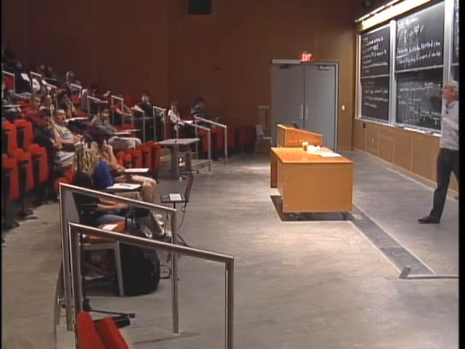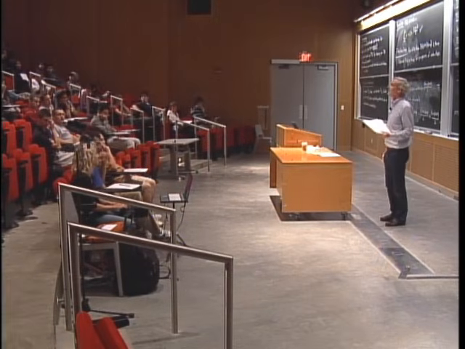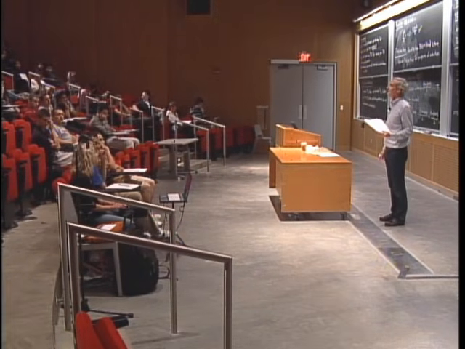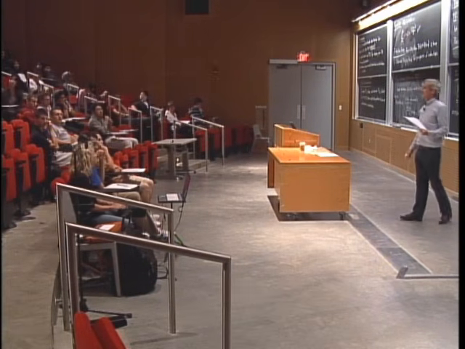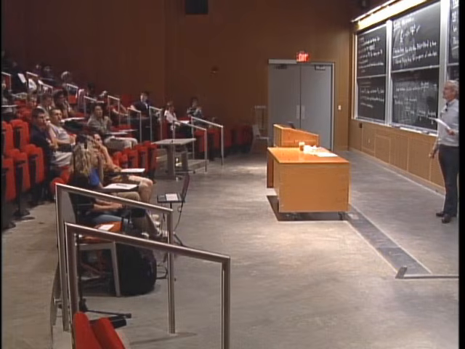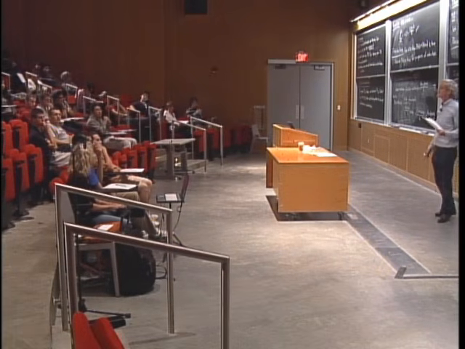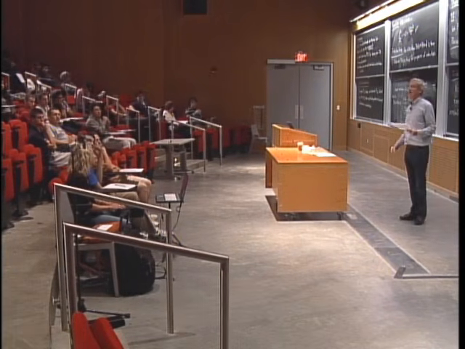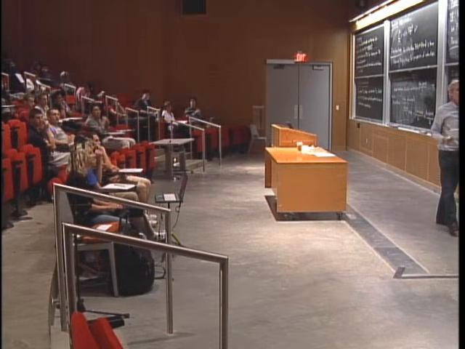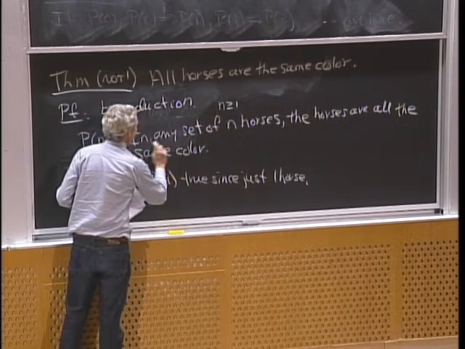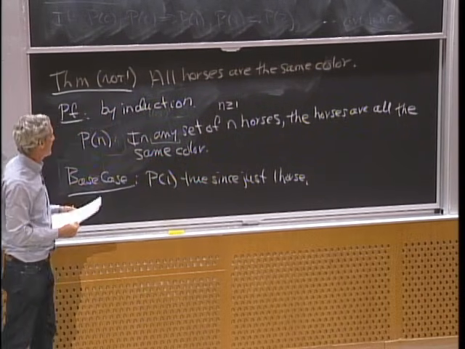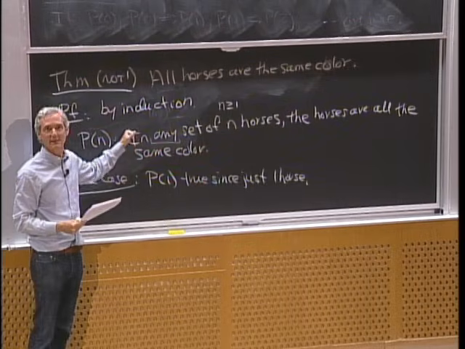Yeah, way back there. So first we assumed Pn for a certain set of horses. So even though it's the same number of horses, n was the same number, it was a different set of horses. So it's not something you can assume anymore. That's a great point. I did gloss over something here, because in the predicate, I've got in any set. So there's really a for all sets sitting out here.